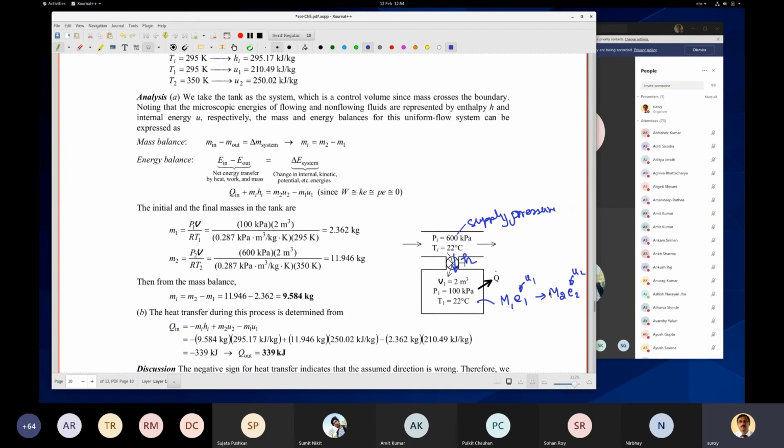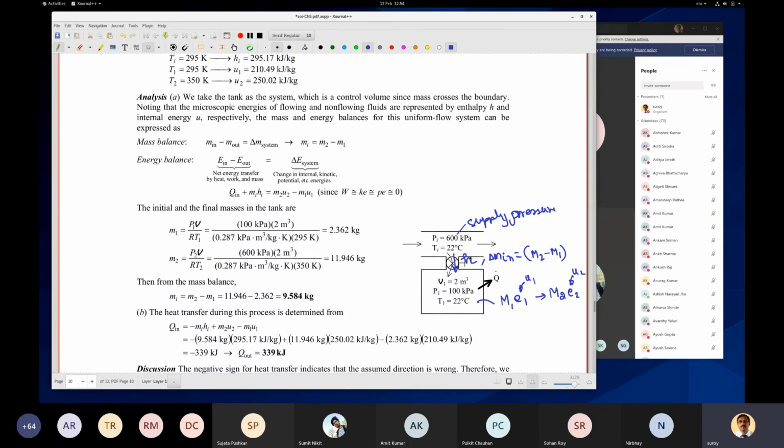Okay, this is the change. Why is it happening? Because this enthalpy is coming in, right? This is changing. So mass, and how much mass? M2 minus M1. That is the mass that is coming in.